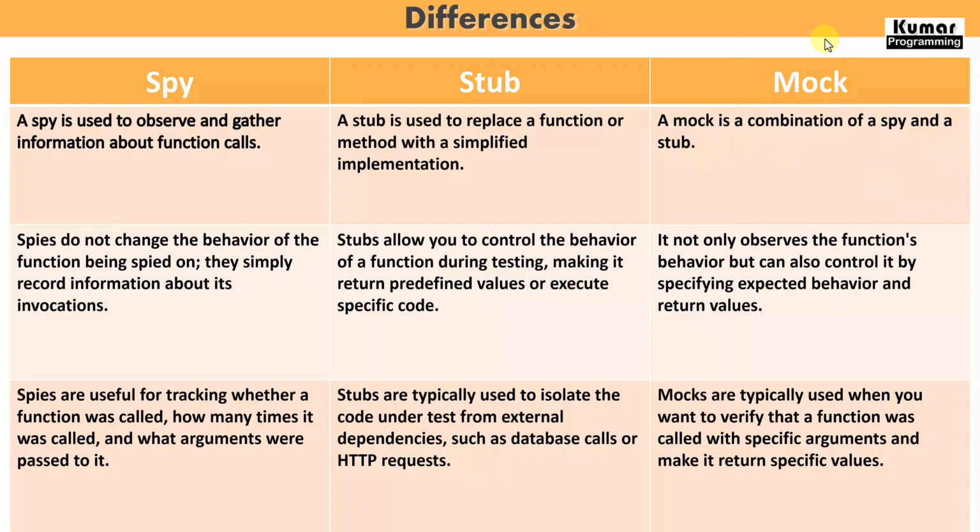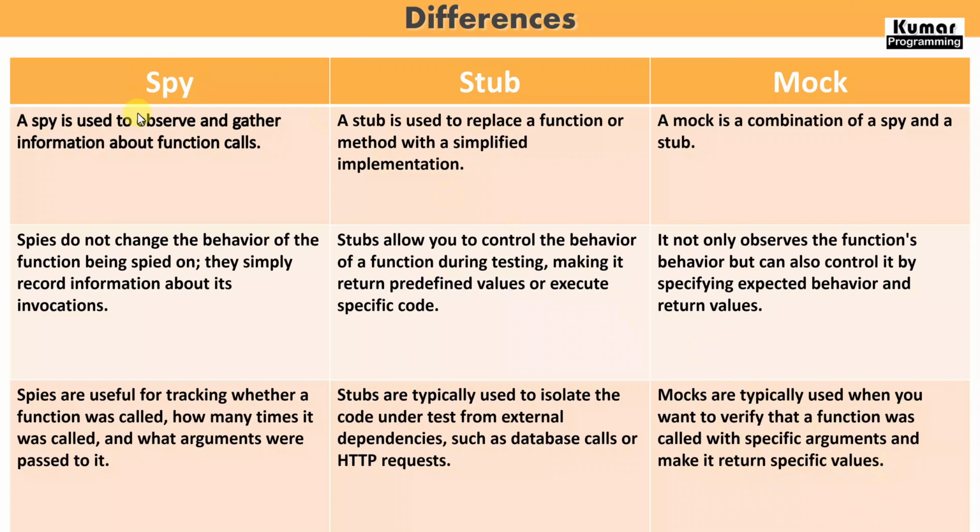Okay, so a mock has the functionality of a spy as well as a stub, but there is a syntactical difference between stub and mock. It not only observes the function's behavior but can also control it by specifying expected behavior and return values. It records the information about the function as well as changes the behavior of the function. Mocks are typically used when you want to verify that a function was called with a specific argument and make it return a specific value.